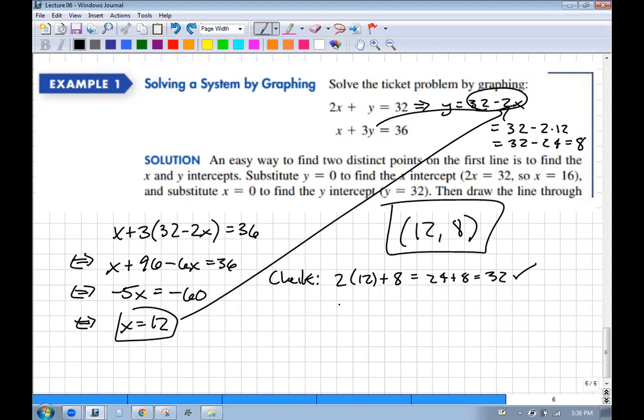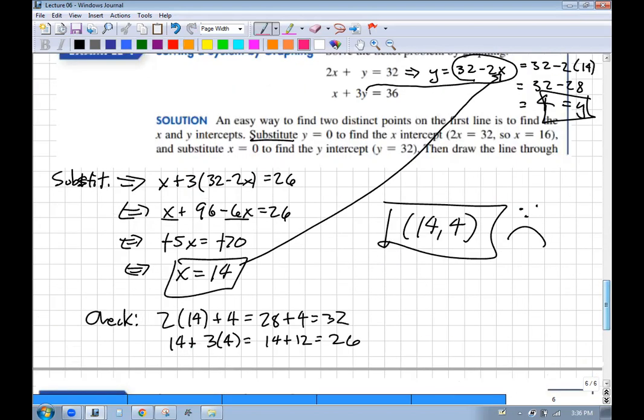Look at the second equation. x plus 3 times y. 12 plus 24 is 36, which is what it should be. So this is good. All right, 12, 8. 14, 4 didn't work.